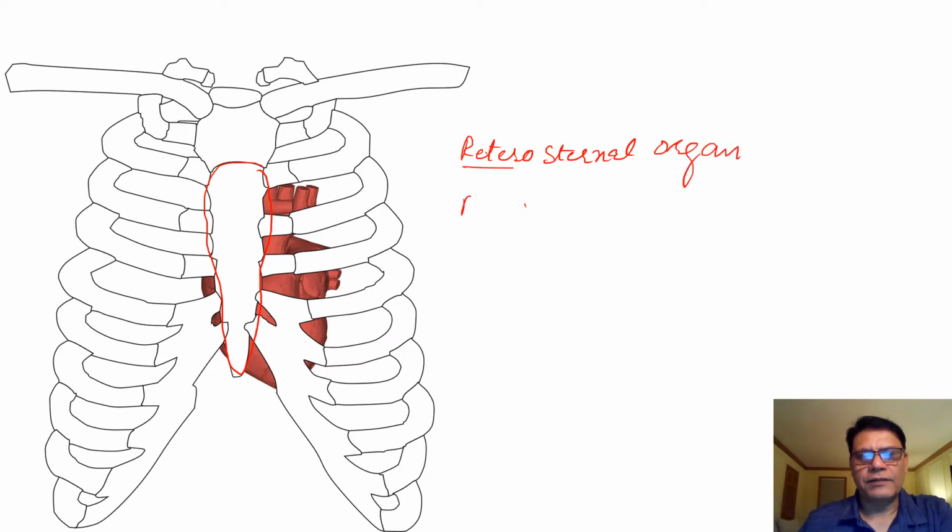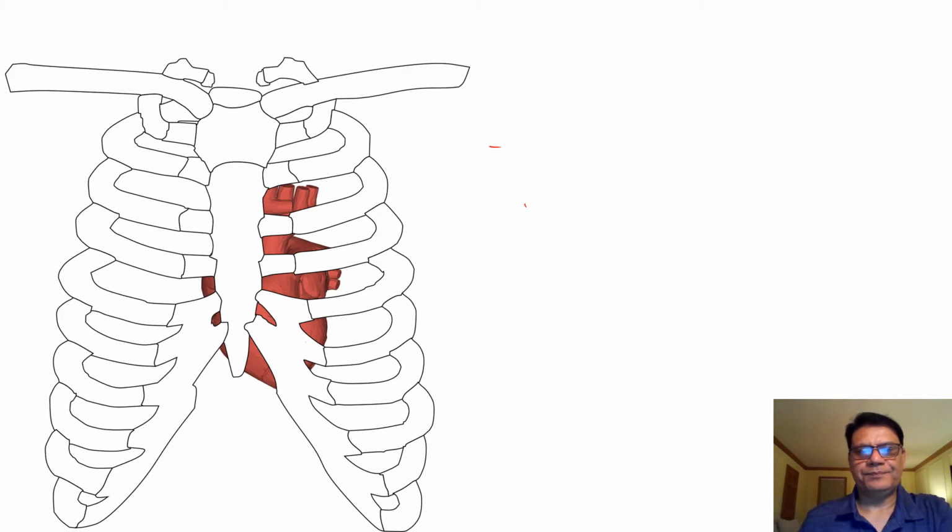Retro means behind, an organ that is present behind the sternum. And the pain related to the heart is also referred to as retrosternal pain. The pain that arises behind the sternum is called retrosternal pain.